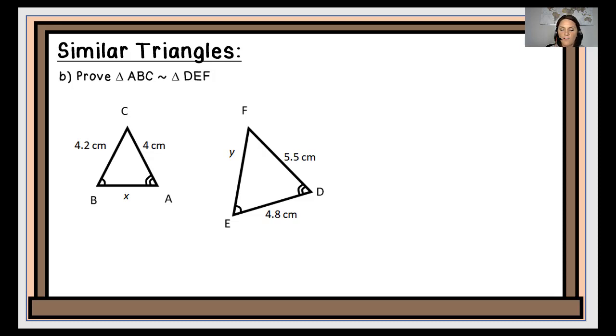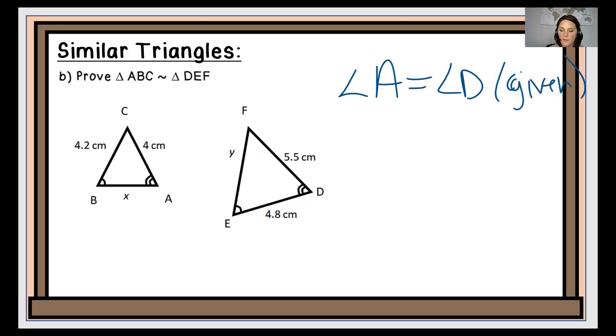Angle A from the small triangle is equal to angle D from the larger triangle, and that was given to me with symbols. If I look at angle B and angle E, they have the same symbol, so they are equal.